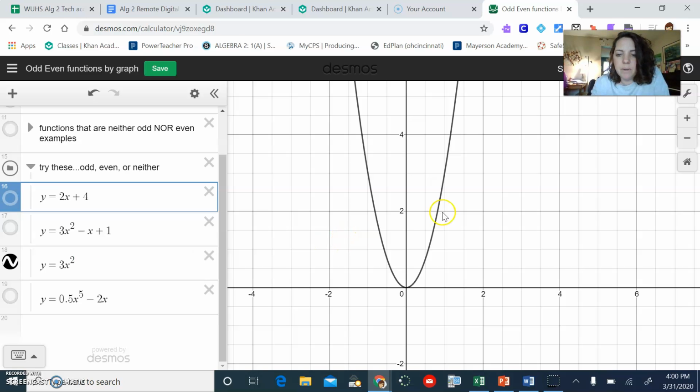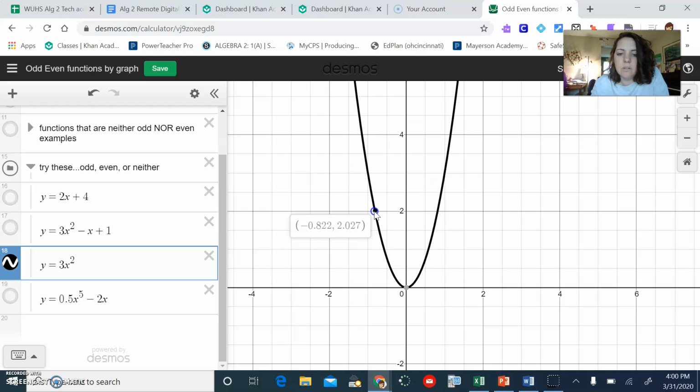All right, is it symmetric about the y-axis? Is the stuff on the right exactly the same except the x's change? Whoop, I just saw it. Looks kind of like it might be. Oh, negative 1, 3.